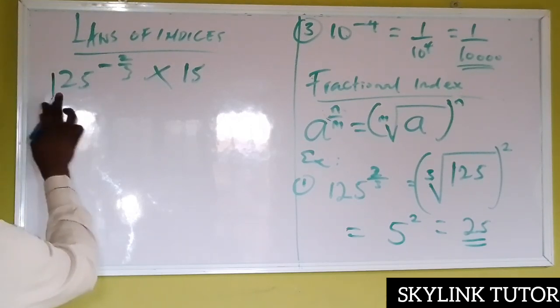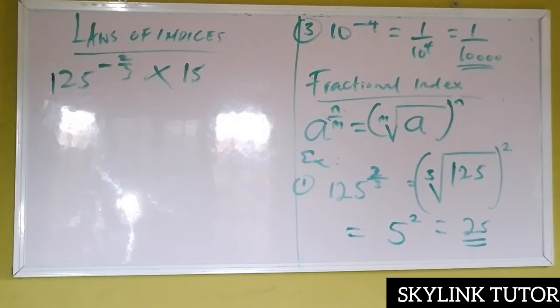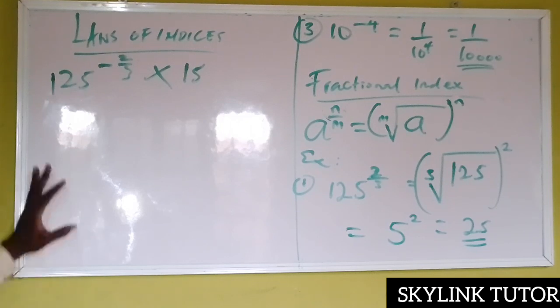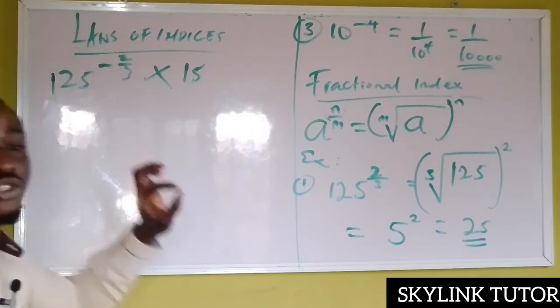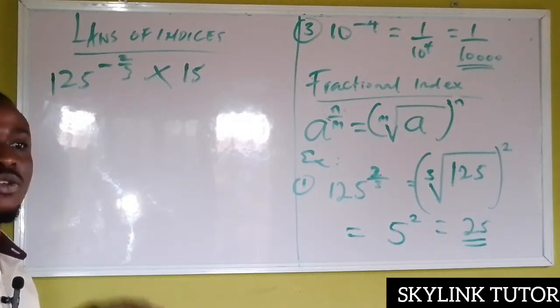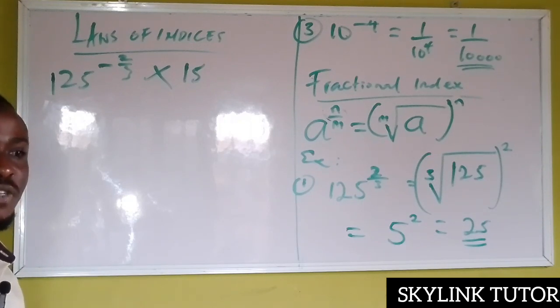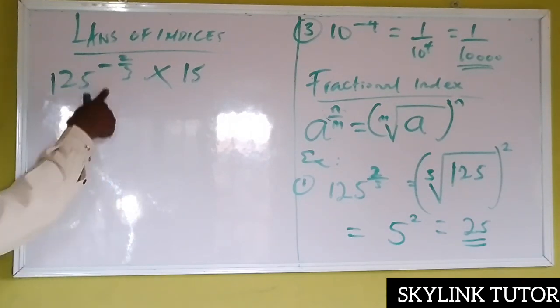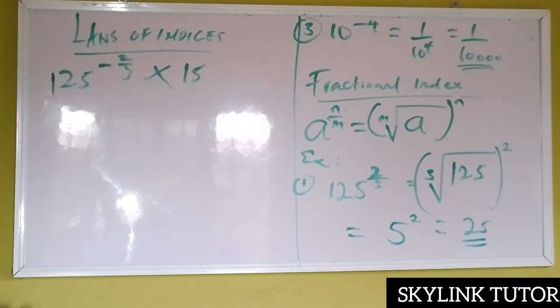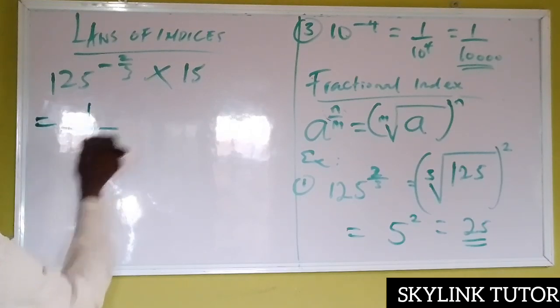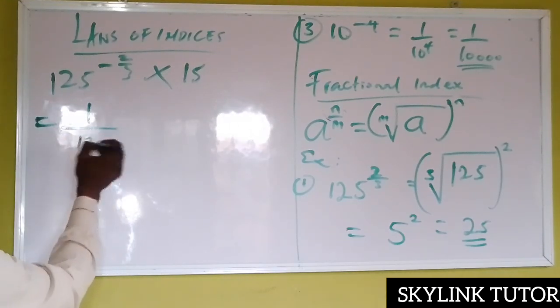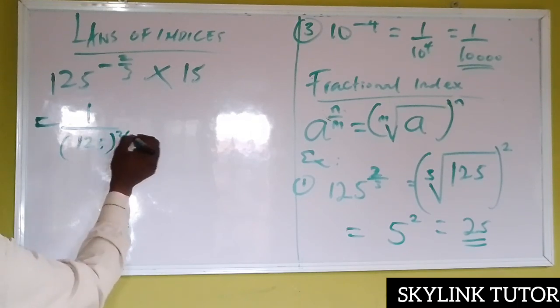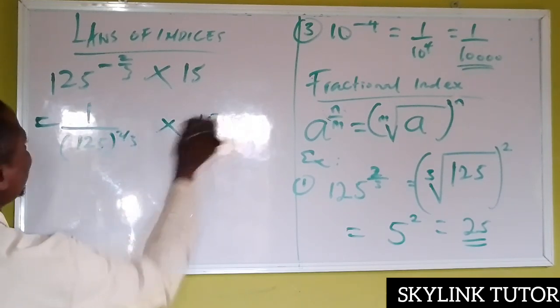We already know that we have the negative index law, right? Sometimes when you are given a question under indices, what you just need to do is look at the law that goes with each of the steps that you need to solve. If you look at this step now, you will notice that we needed the fractional index law, and you are going to have 1 all over 125 raised to power 2 over 3, then times 15.